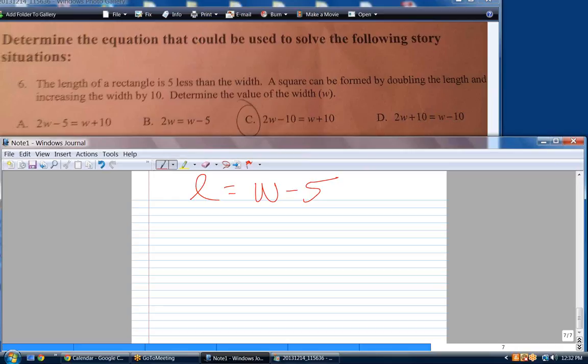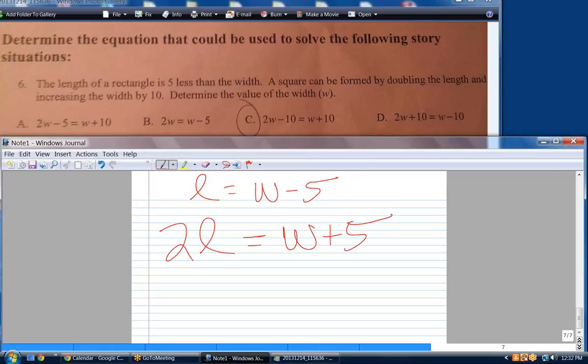So then doubling the length, 2L. Well, then that'd turn into 2W minus 5. And that would have to equal that, because if it's a square, the length equals the width. So we're increasing the width by 10, so we can say that.